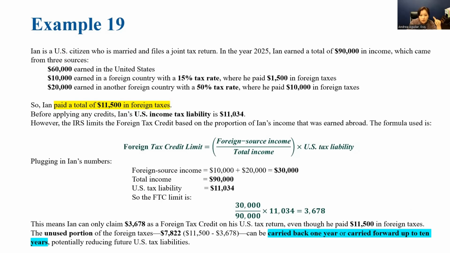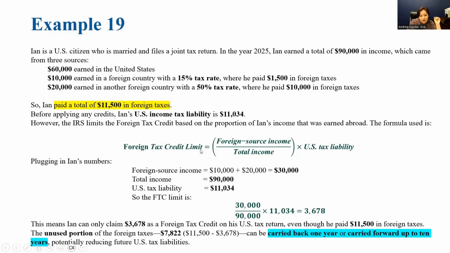So that is what we are going to calculate right now. Ian paid a total of $11,500 in foreign taxes. Before applying any credits, Ian's US income tax liability is $11,034. However, the IRS limits the foreign tax credit based on the proportion of Ian's income that was earned abroad, and the formula is as follows.